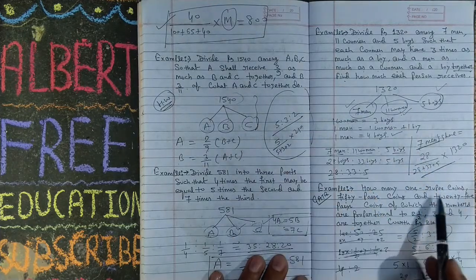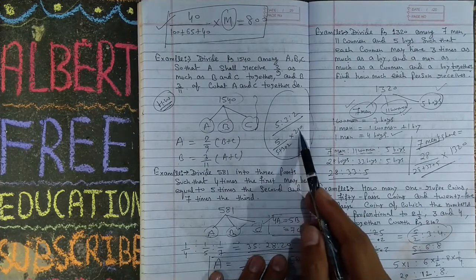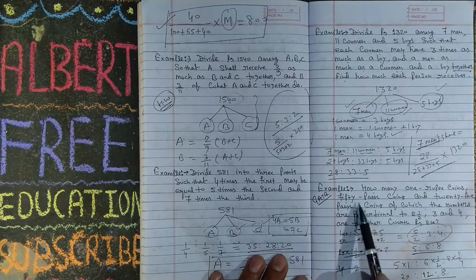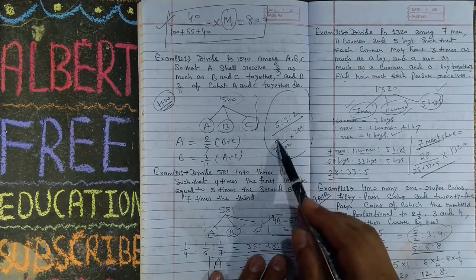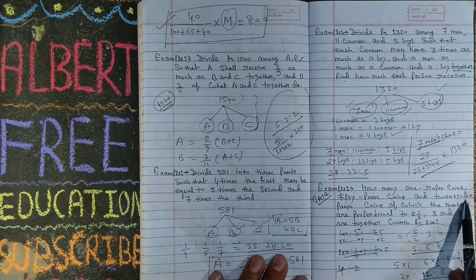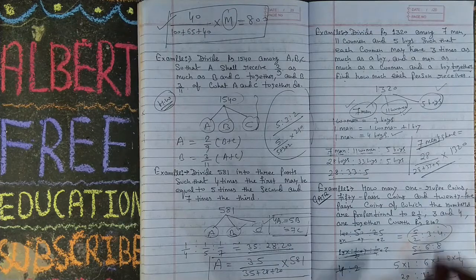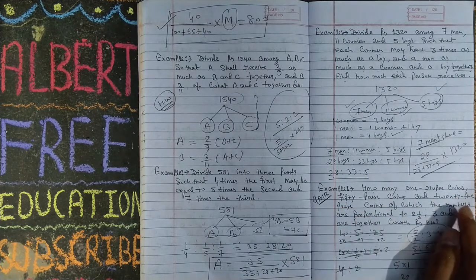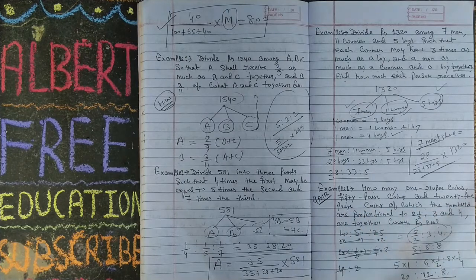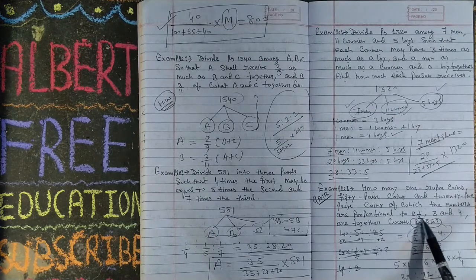This is how many 1 rupee coins. If you write 3 upon 5 plus 3 plus 2 into 210, how many 50 paisa coins. If you write 2 upon 5 plus 3 plus 2 into 210, you get how many 25 paisa coins. This question has come many times. He is asking how many 1 rupee coins, 50 paisa coins and 25 paisa coins. If you have the ratio, it is very simple.